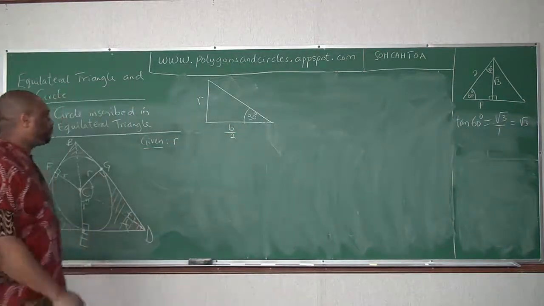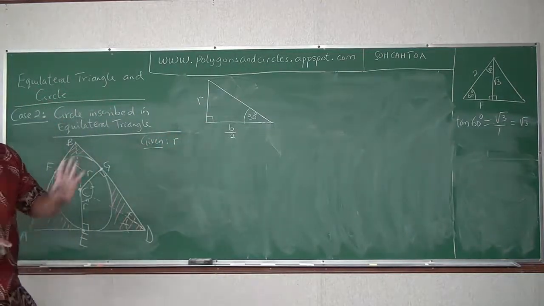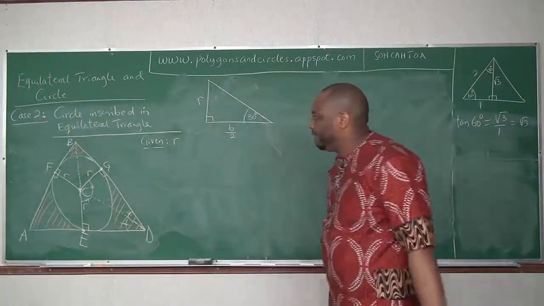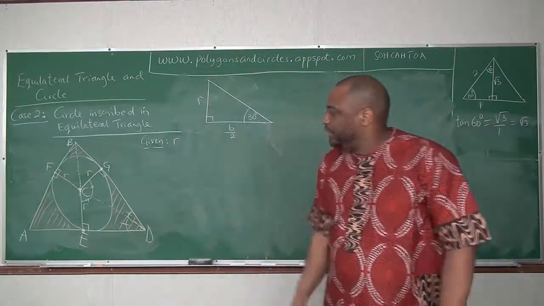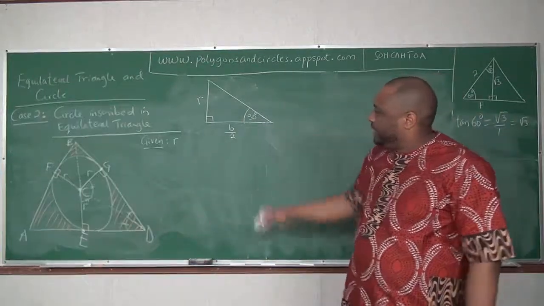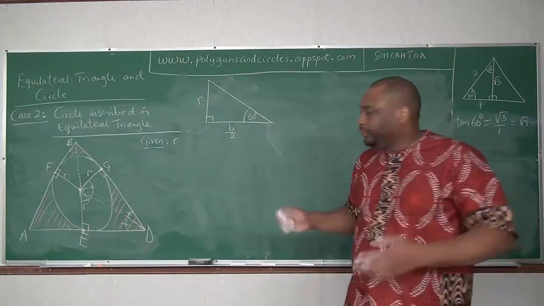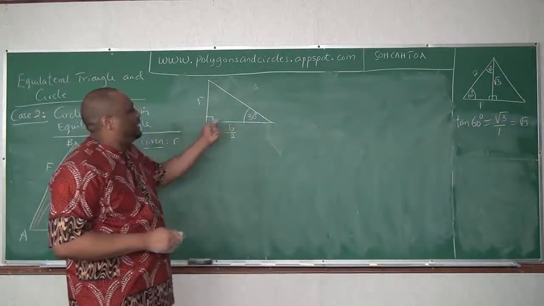This is a right triangle. Remember the other one we did was apotem. But this one, this is the way it will look. The radius here, and then the base over 2, and then this is 30 degrees. So this is opposite and this is adjacent.